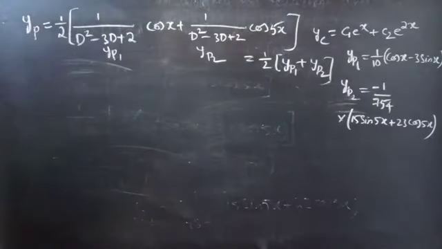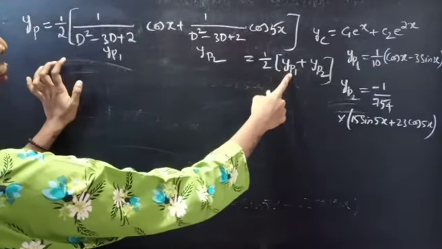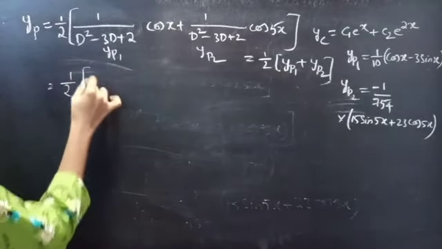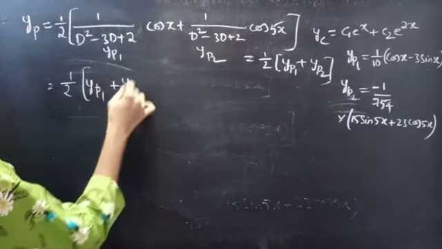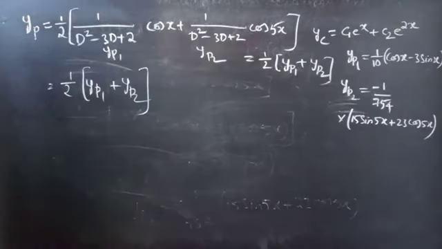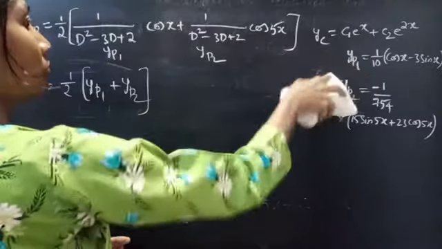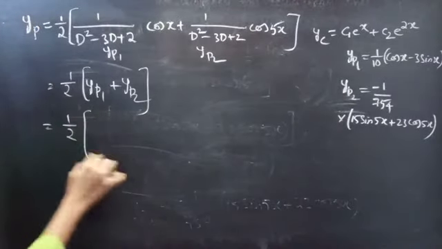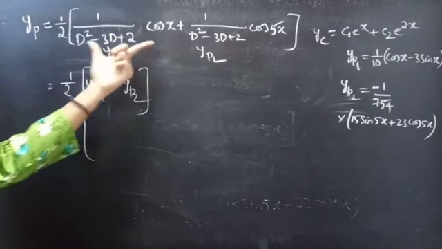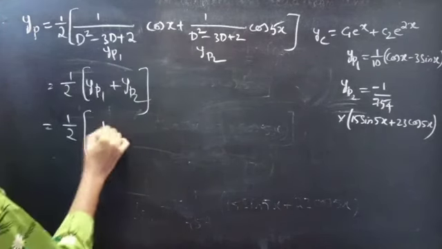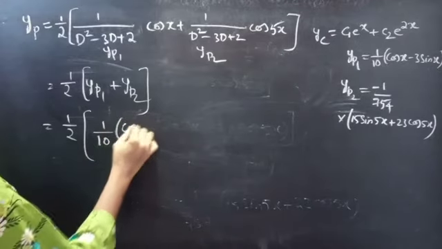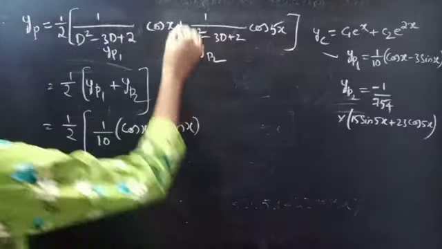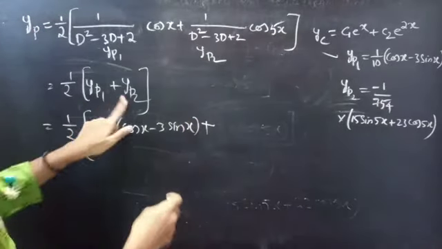We have yp equals 1 by 2 into yp1 plus yp2, right? Now let's write the results obtained from yp1 and yp2. The result obtained from yp1, that is 1 by f of D into cos x, is 1 by 10 into cos x minus 3 sin x, plus yp2.